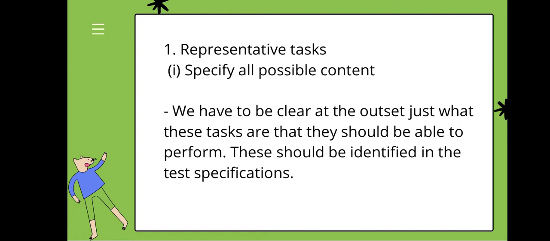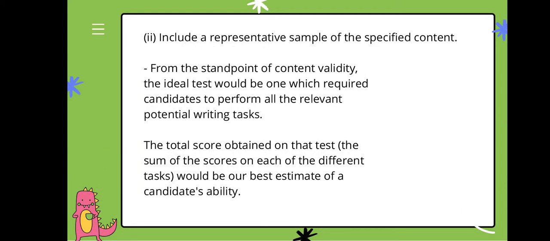Representative tasks. Specify all possible content. We have to be clear at the outset just what these tasks are that they should be able to perform. They should be identified in the test specification. Include a representative sample of the specified content.